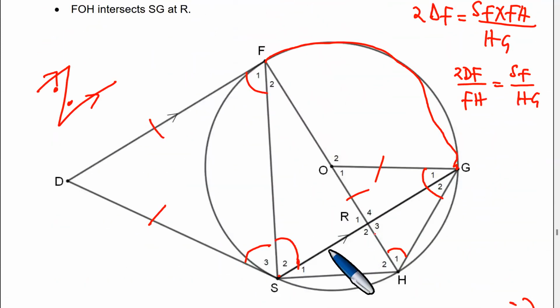If you look at OG and FH relationship, you can see that OG is a radius, FH is a diameter. So which means that if you take the diameter FH and divide it by 2, you get a radius.